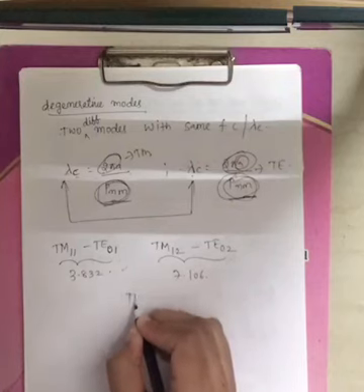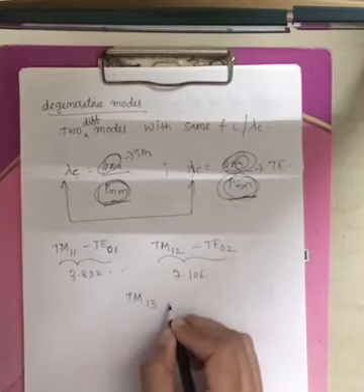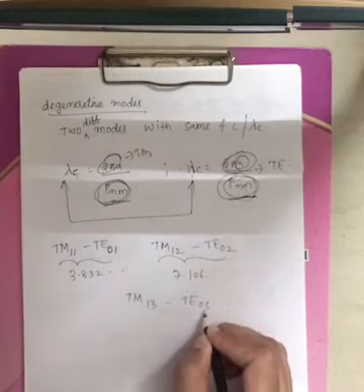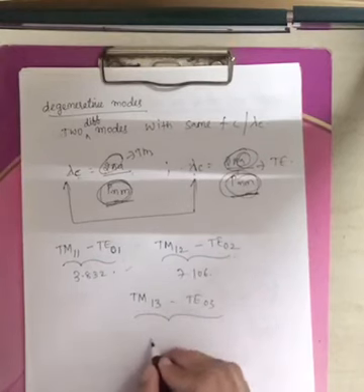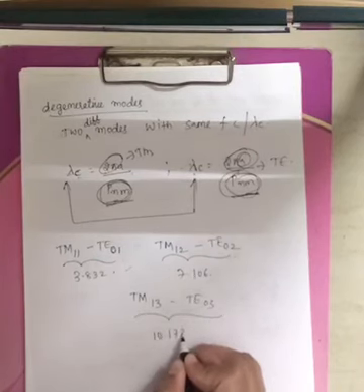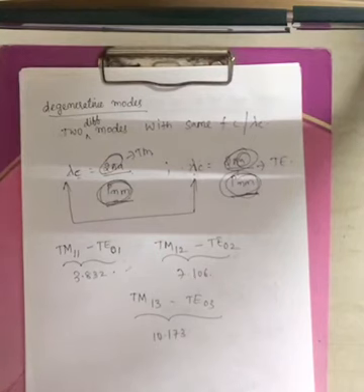Similarly, TM13 and TE03 is one more degenerative mode which has the same root value, that is 10.173. Now these are the three different degenerative modes of a circular waveguide.